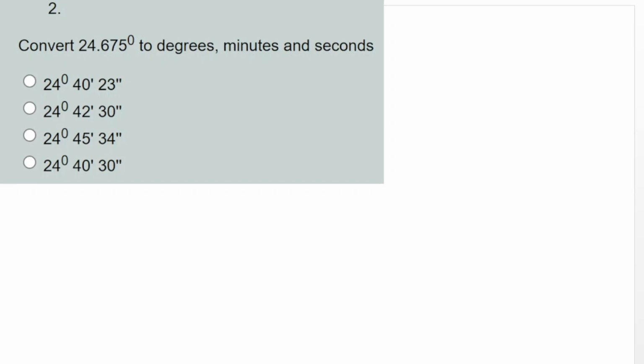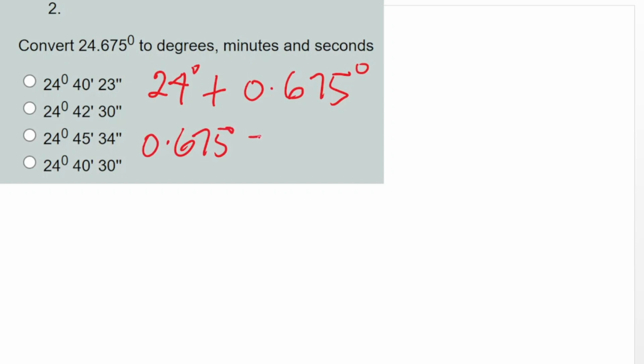The whole number part, which is 24, is in degrees. So it is the decimal part, 0.675 degrees, that we're going to change to minutes.